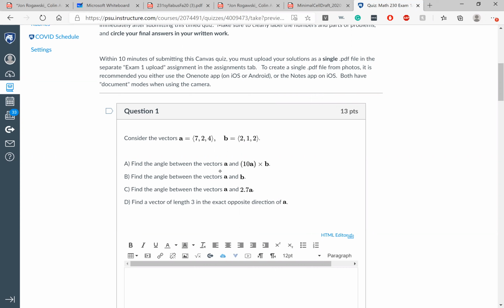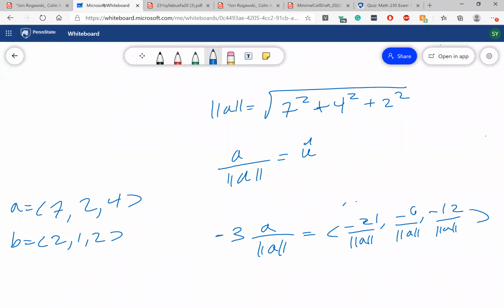So there's a 90-degree angle between a and 10a cross b. To find the angle between a and b, we just use the formula that the angle between two vectors is cosine inverse of a dotted with b over the magnitude of a times the magnitude of b. Then just plug in what you need to, and you'll find that angle.